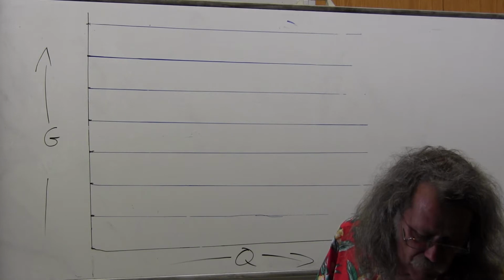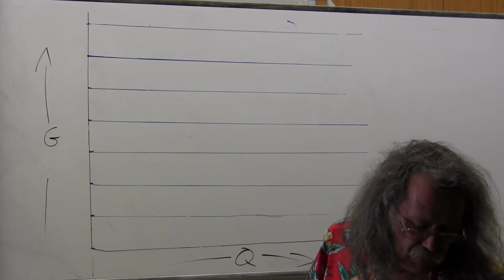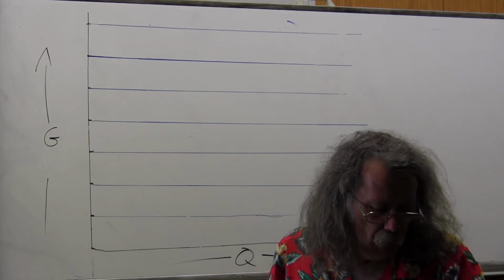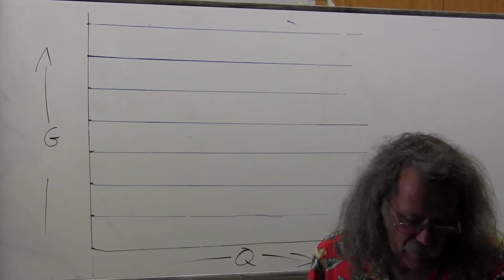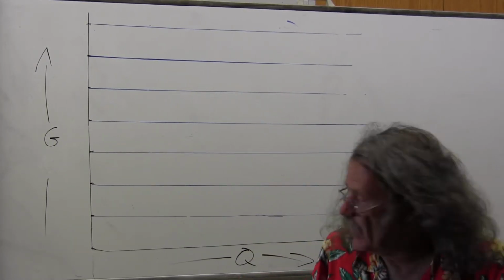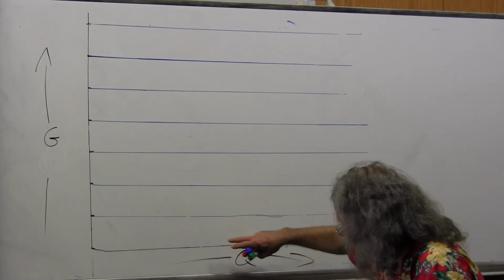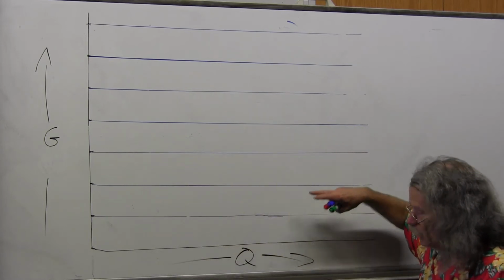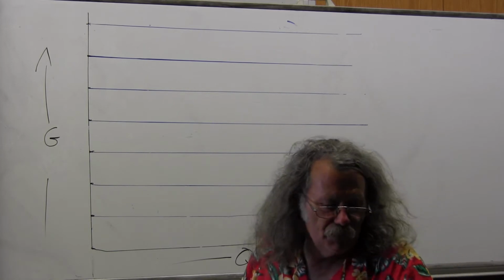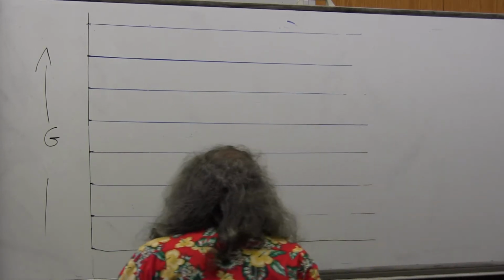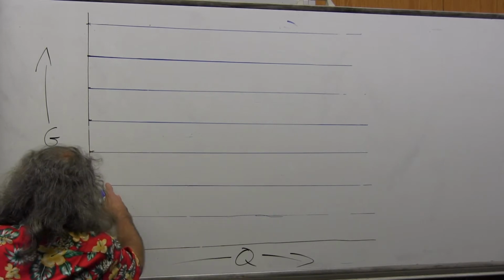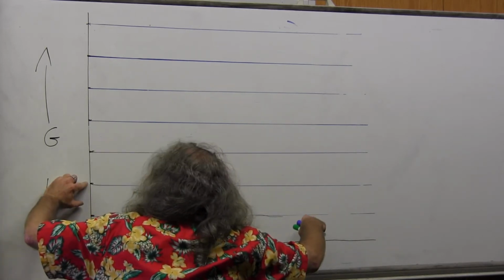I don't give you the delta G naught for that. I give it to you in the beginning of the problem, where the reaction has a delta G naught of minus 10 kilojoules per mole. So I have to have at least 10 kilojoules per mole below 0, and the starting material is delta G naught of 0. So I'm going to need at least a range of 10 kilojoules coming down.